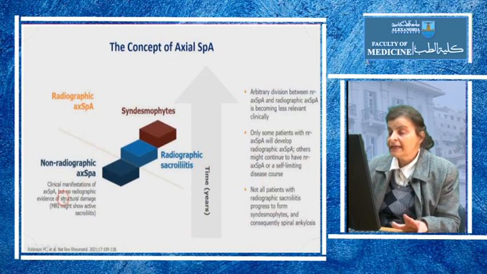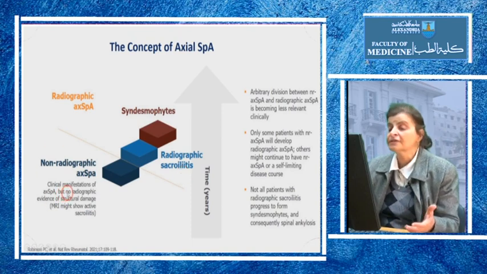So it is a concept. The concept is that we have two forms of axial SpA, the non-radiographic and the radiographic. In the non-radiographic, you just have clinical manifestations of axial SpA, but no radiographic evidence of structural damage.